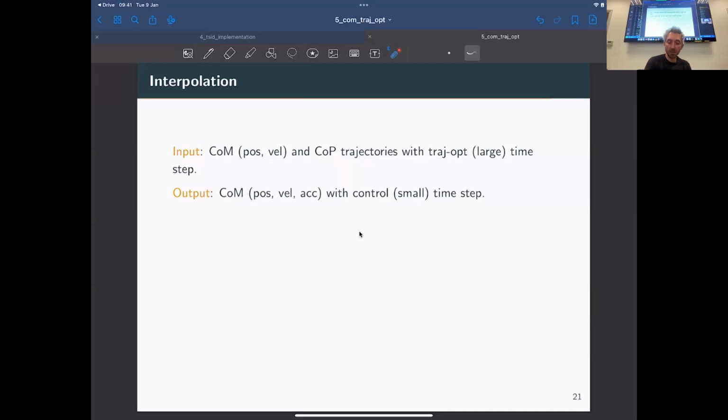How do we interpolate? Well, we have a center of mass position and velocity trajectory, and we have a center of pressure trajectory with a large time step. And what we would like to compute as an output is a center of mass trajectory, including position, velocity, and acceleration, with small time steps.